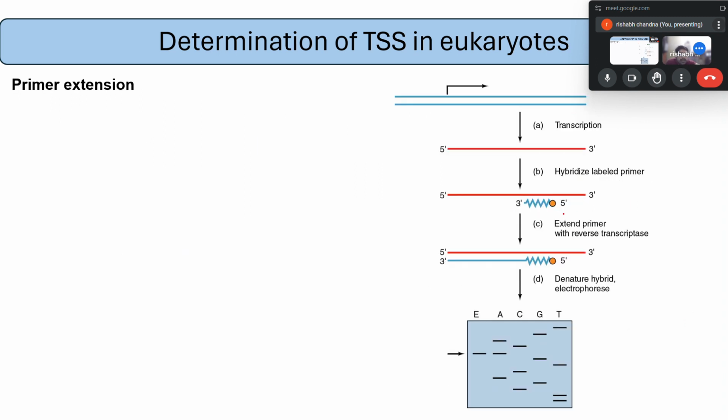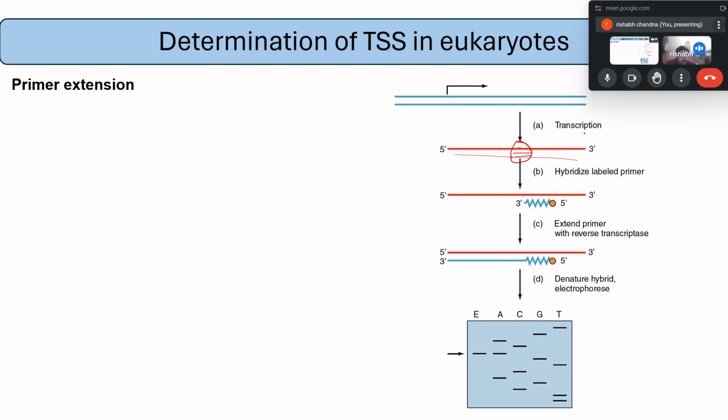Primer extension is an easy method. So what we have to do is, this is the DNA followed by the transcription. This will be the mature RNA, and we can use any sequence in between this particular region. So we know the mature RNA would have something in between.